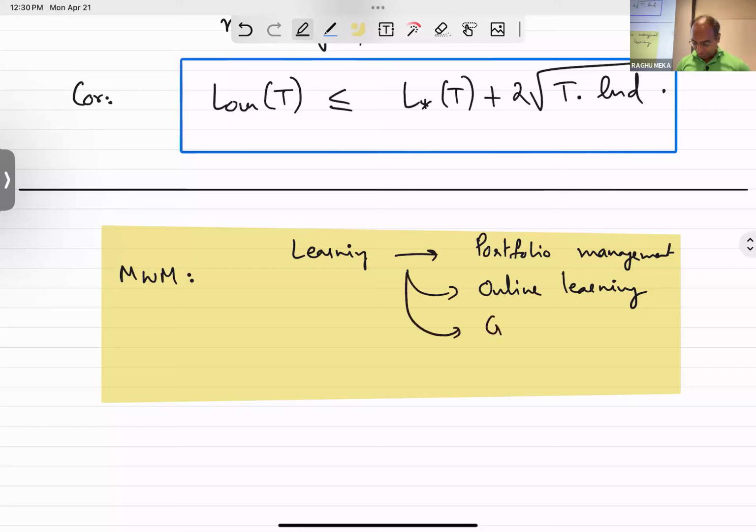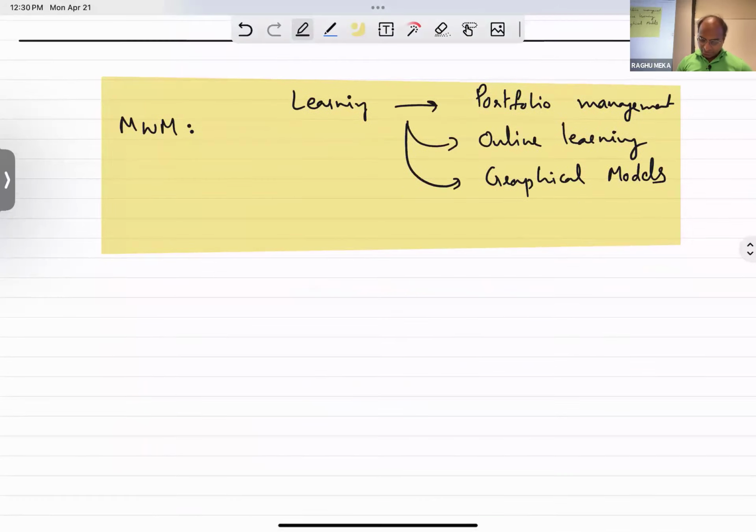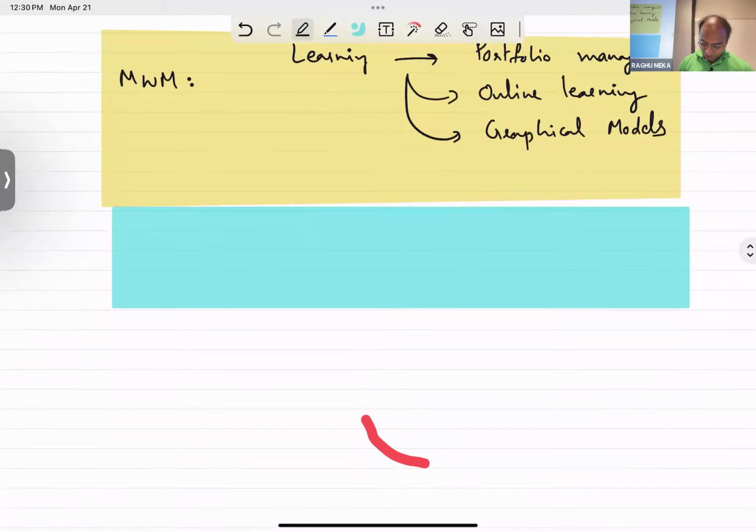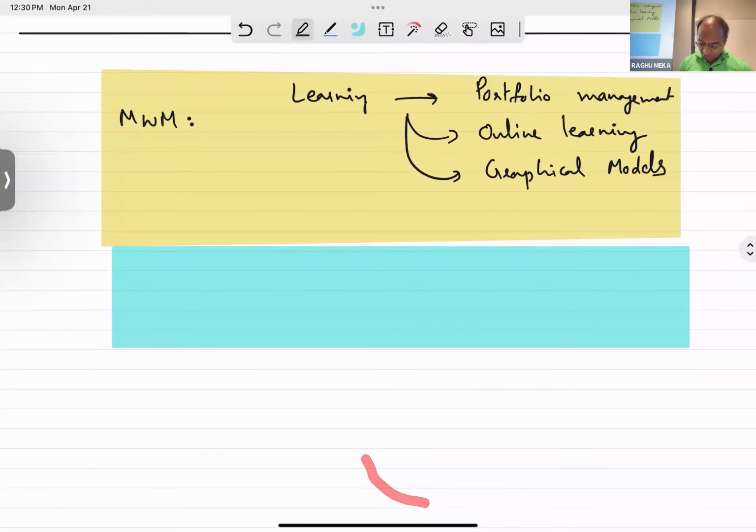And that's the other thing, something like graphical models. All right. And one very important angle that we are not going to explore, but is perhaps equally important, is that along with learning, multiplicative weights also plays a central role in optimization.